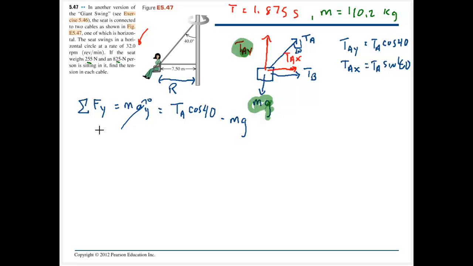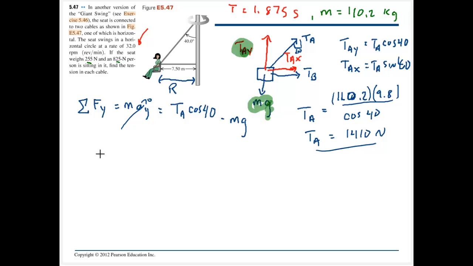So I can solve for tension A. Tension A is simply going to be the mass times gravity, or the weight, 110.2 multiplied by 9.8 divided by the cosine of 40. So tension A is going to be 1410 newtons.